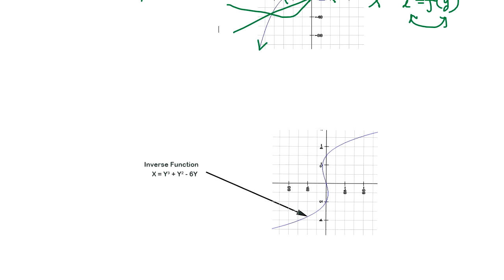Since you are crossing here, it should cross here, right? It crosses and comes back and crosses here.